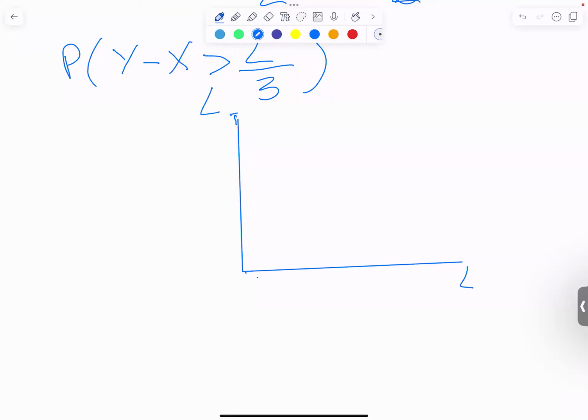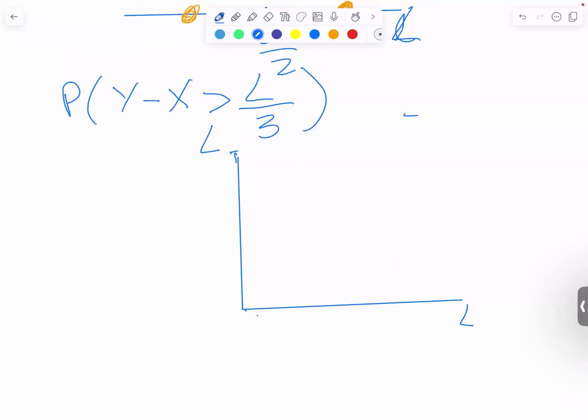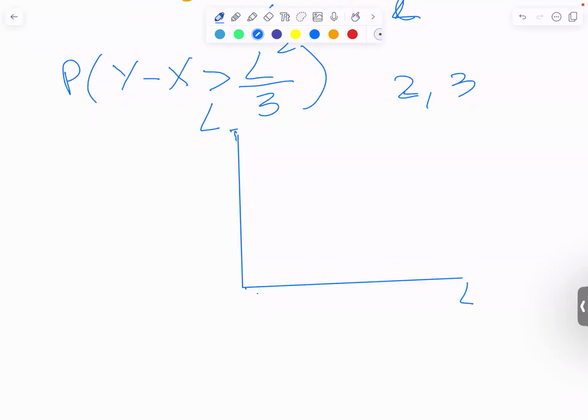I'm going to divide because, remember, we have 2 and 3. The least common denominator is 6. I'm going to divide this in 6 parts: L over 6, 2L over 6, which is L over 2, 3L over 6, 4L over 6, 5L over 6, and 6L over 6.